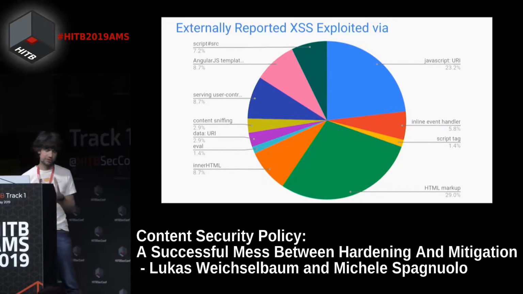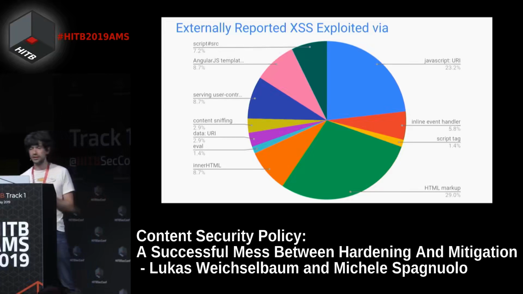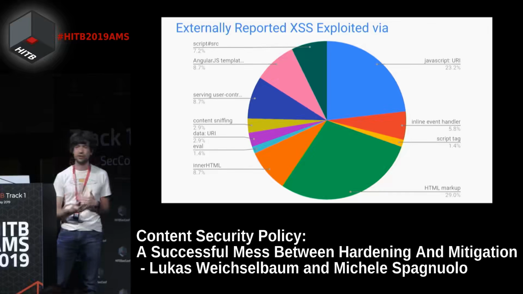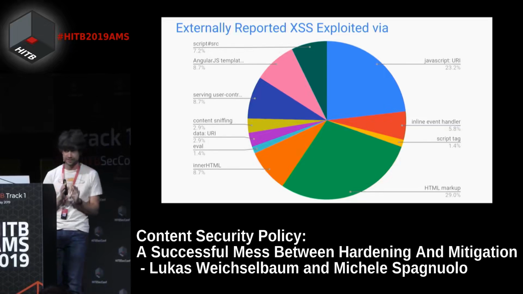It's pretty hard to say what is the ultimate sink of an XSS vulnerability. So we just put in here how the reporter, in his or her proof of concept, actually exploited the vulnerability. There might be more than one. Sometimes the boundary is a little bit fuzzy.